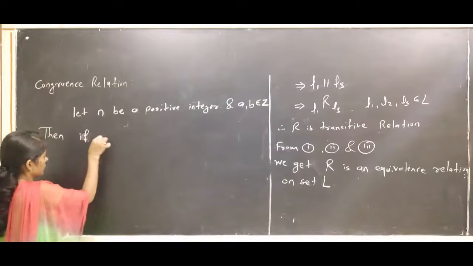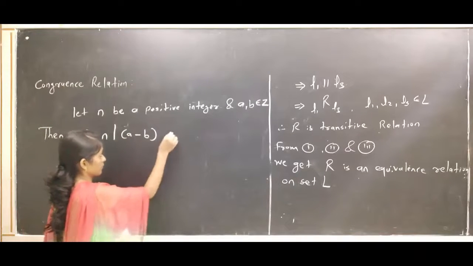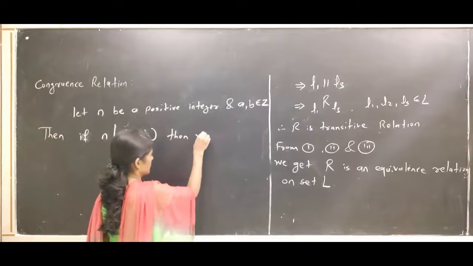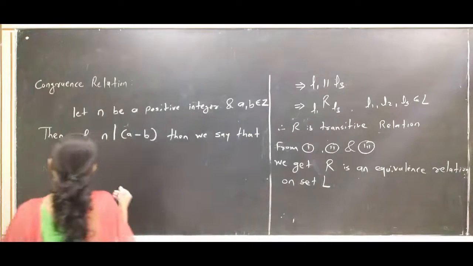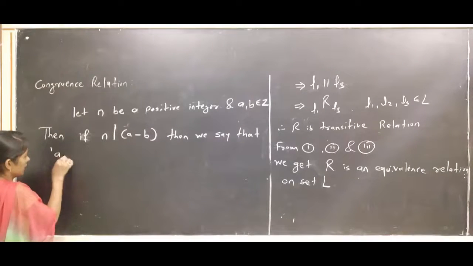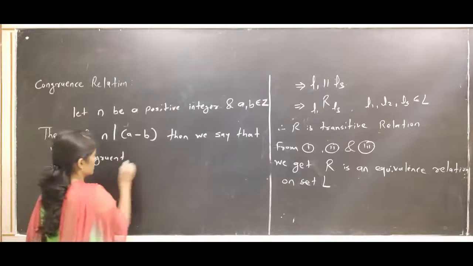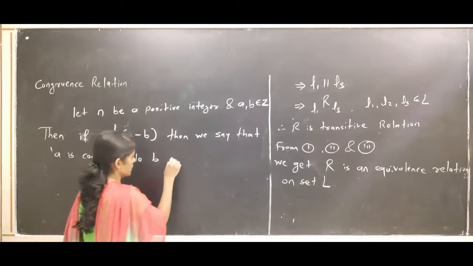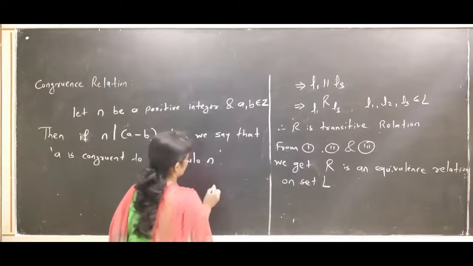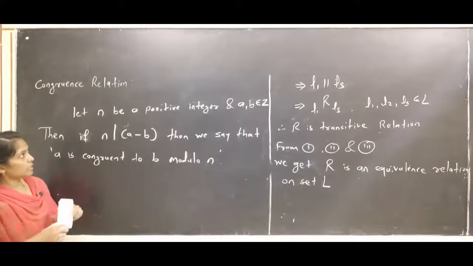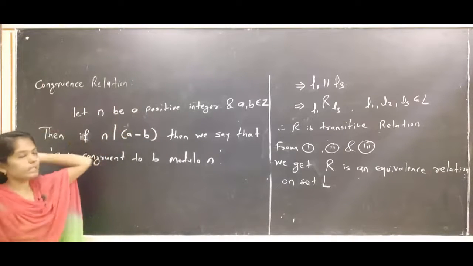Then if N divides A minus B, then we say that A is congruent to B modulo N. Okay. So here N is a positive integer and A, B belong to the set of integers.